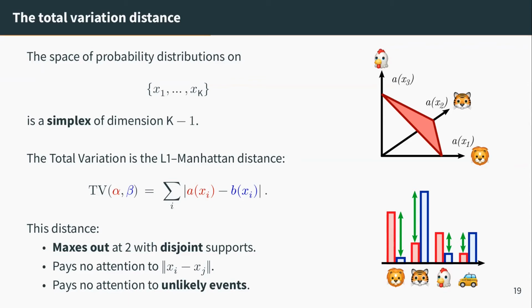And also, quite interestingly, it pays no attention to unlikely events. Basically, the importance of a given label in my classification error is directly proportional to how likely it is to appear. So unlikely events are just rounding errors as far as the total variation is concerned.